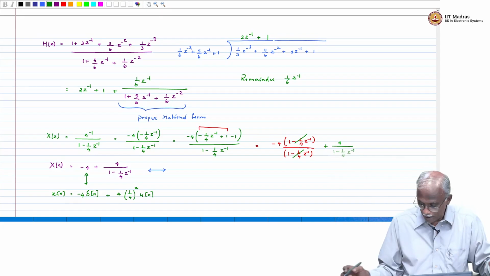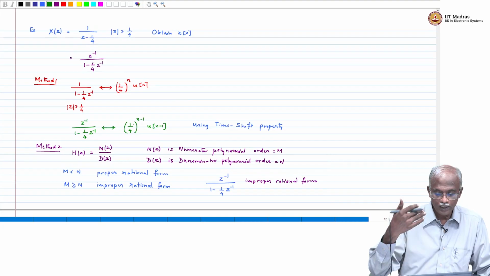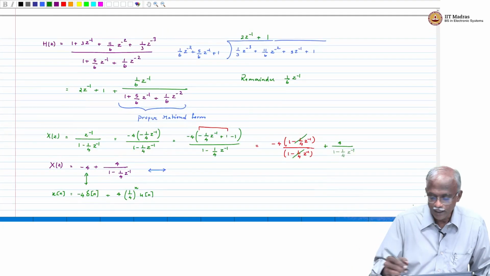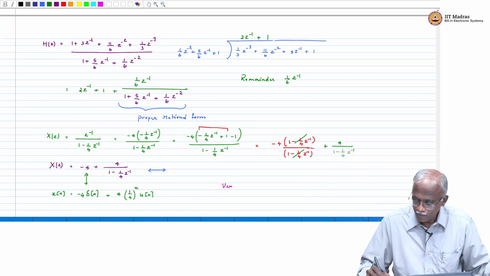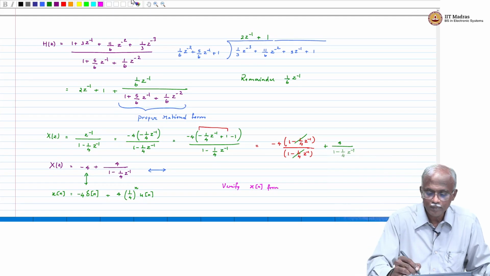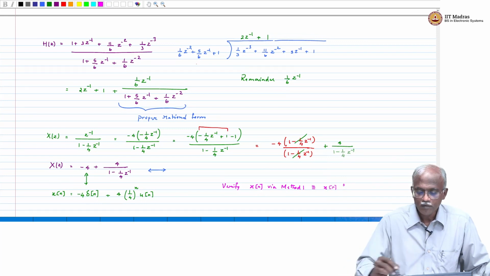So maybe it's a good idea for you to verify that the expression that we got from method 1 and method 2 are the same. So let me give that as a task. Verify x of n via method 1 is identically the same as x of n via method 2.